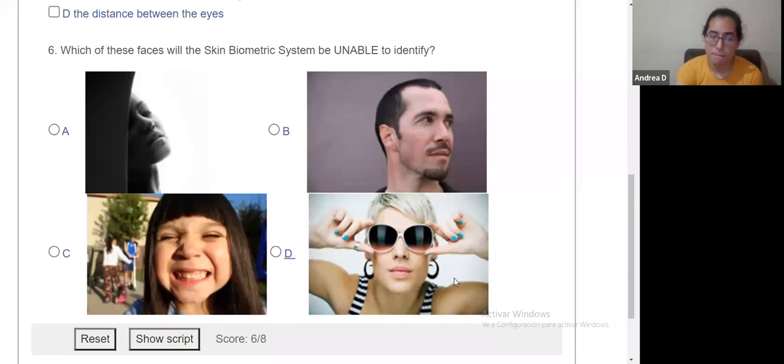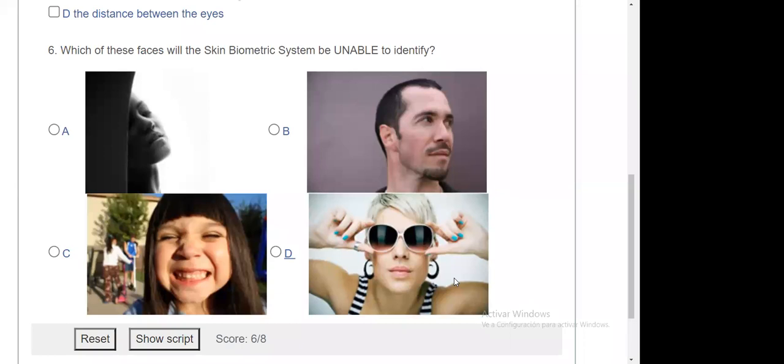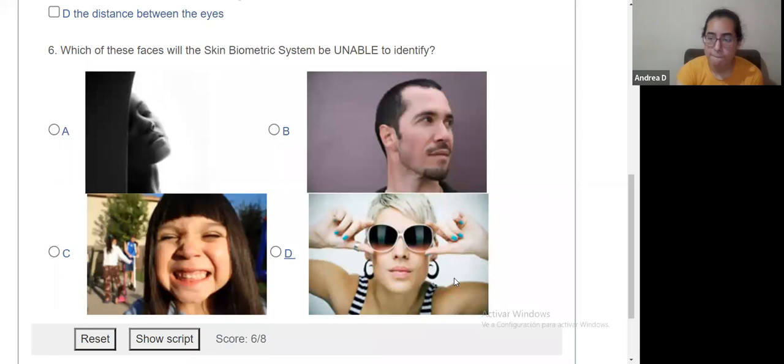So what do you think? Maybe option D, because she has sunglasses. Okay, glasses.